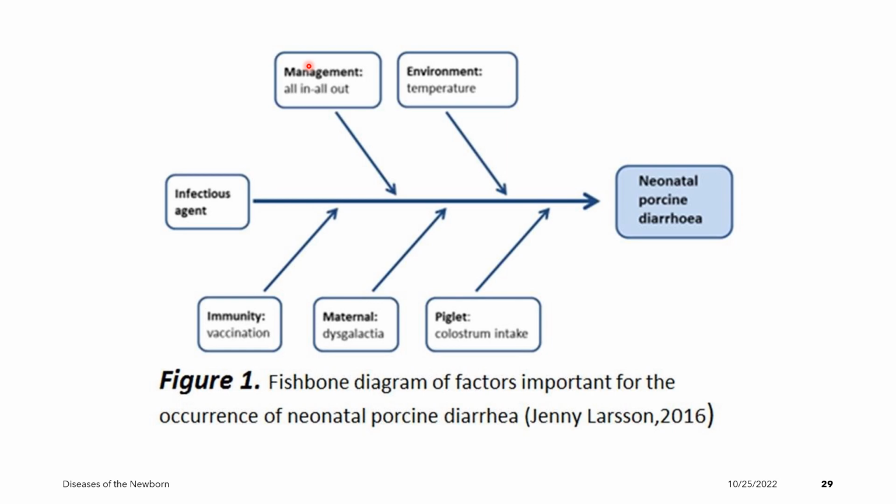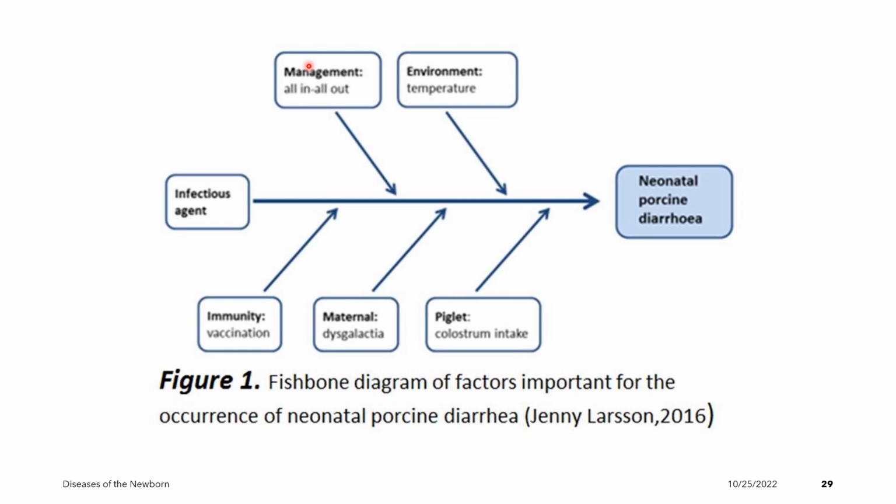So when there is no all-in, all-out system, the different age groups of pigs are mixed in one housing. So of course, for example, the sow or the piglets are housed together with the older pigs. The older pigs already have the immunity that is necessary to combat, for example, diarrhea, as compared to piglets.